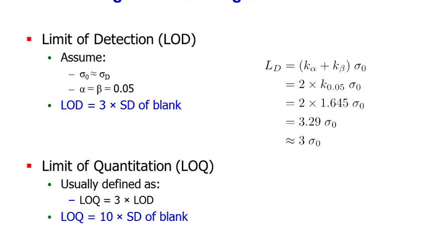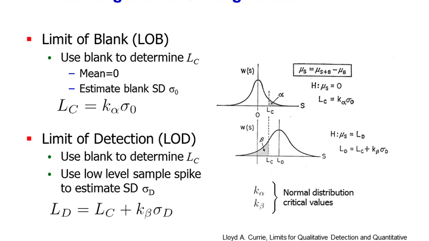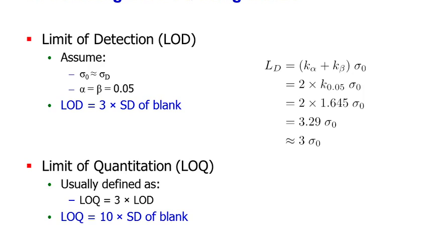And if you assume that the standard deviation you get for the blank and when you have sample in your measurement is approximately the same, in other words, the standard deviation of the top distribution and the bottom distribution are approximately the same, so that your sigma naught, the standard deviation of the blank, is approximately the same as the standard deviation when you have an analyte in your sample, and your false positive and false negative rates are 0.05, then you can see that the limit of detection is approximately 3 times the standard deviation of the blank.